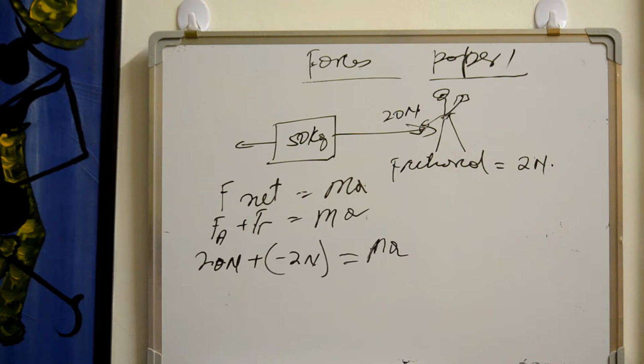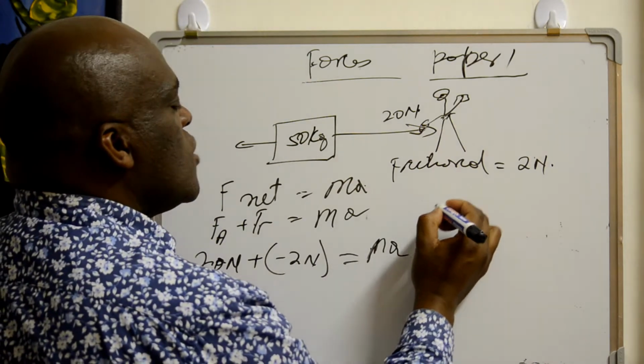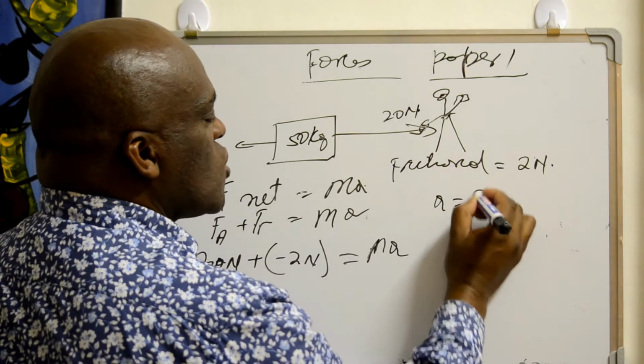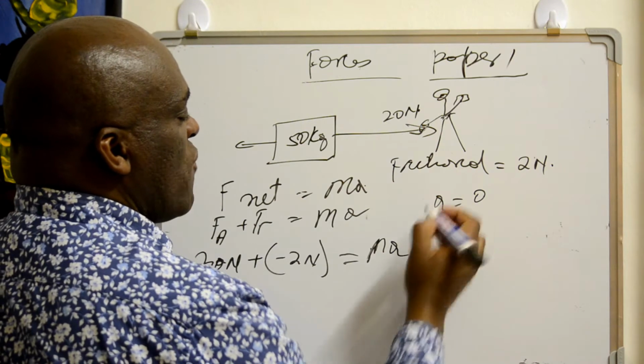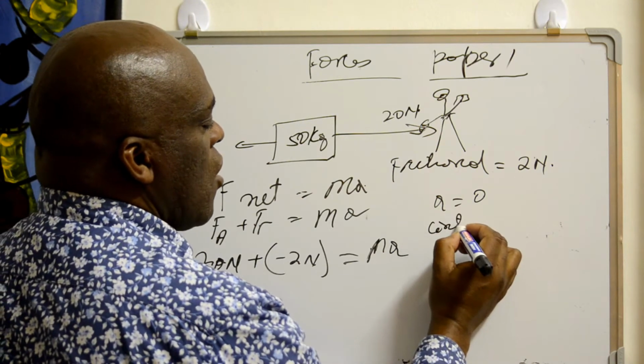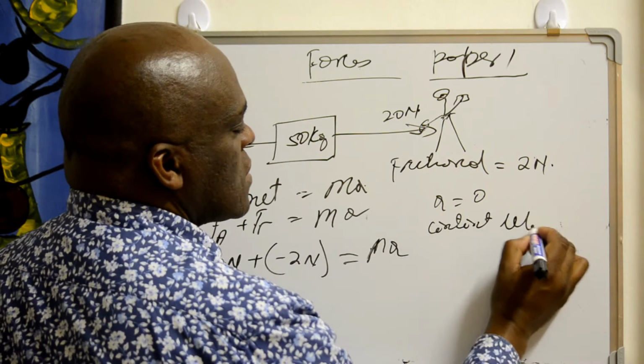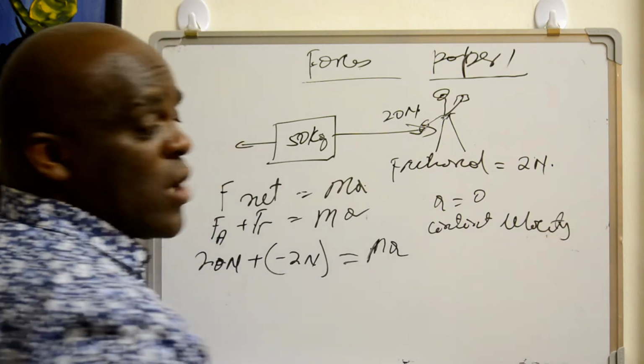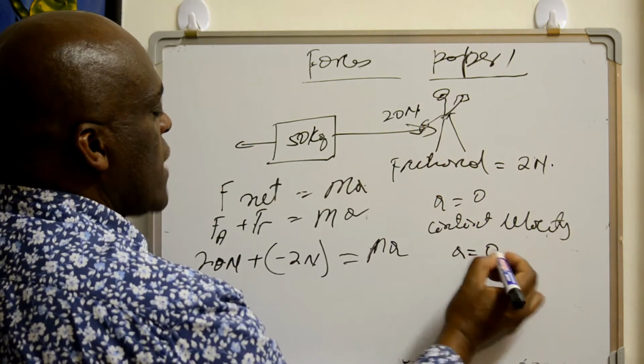Say for argument's sake, they say the object is moving at a constant velocity. If the object is moving at a constant velocity, it has a direct impact on your acceleration, which is a equal to 0.